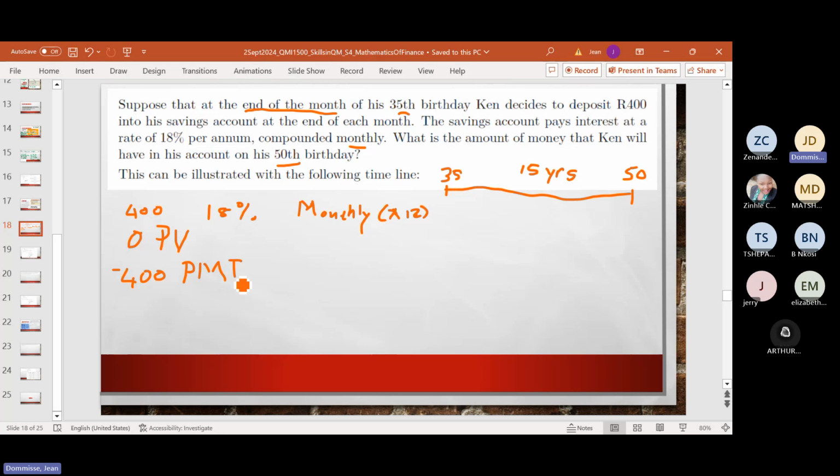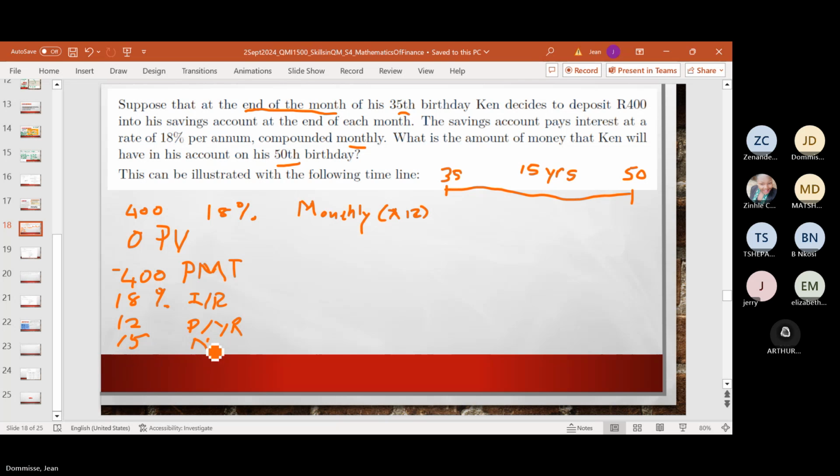I'm also going to show you guys how to do it with a formula, so don't worry if you want to use the formula. Then we know the interest rate is 18%. They tell us that the times per year is 12, and it is running for 15 years.